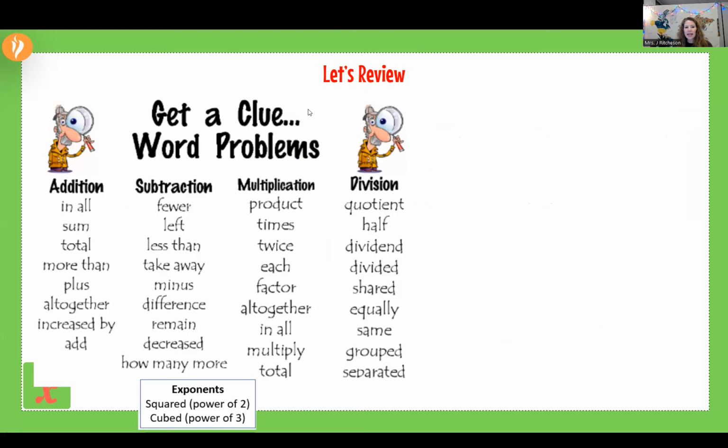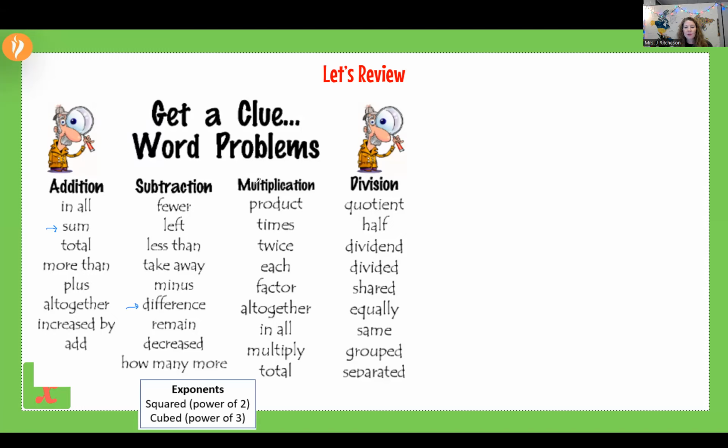All right, so this is a list that you guys have all seen before. These are words that you just basically have to memorize what they represent. You definitely need to know that the word sum in math, S-U-M, means you're going to be adding. The word difference in math means you're subtracting.